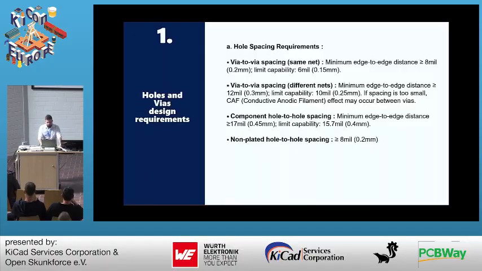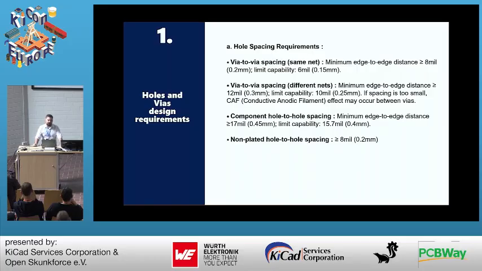Okay. So first of all, I will discuss the hole spacing requirements. When we talk about the spacing between via to via on the same net, you have to respect 0.2 millimeter at least on our standard line, but it can be possible to try to do 0.15 millimeter.